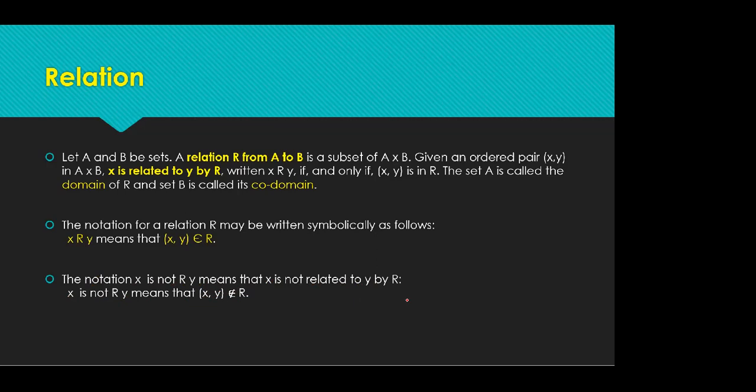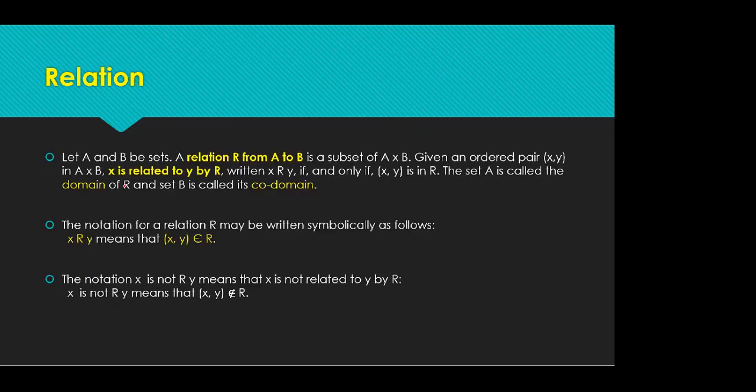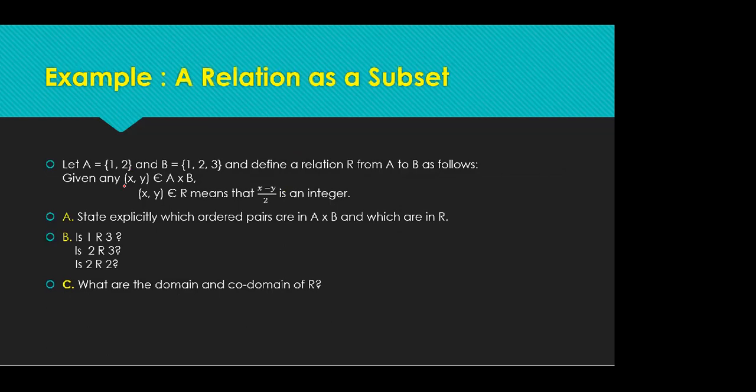So let's just give an example for you to understand this. Our example here is a relation as a subset. Let set A be 1 and 2 and set B be 1, 2, and 3, and define a relation R from A to B as follows.